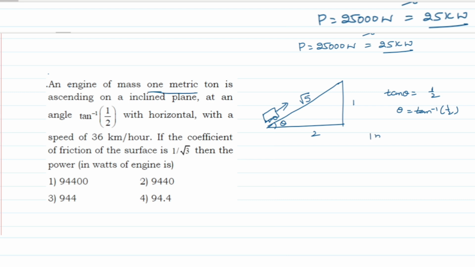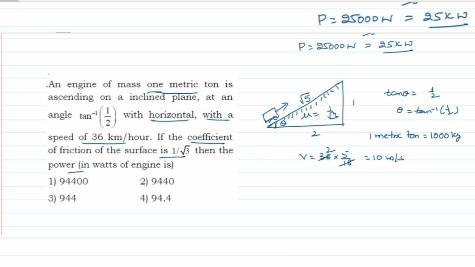It is making an angle theta with the horizontal with a speed of 36 km per hour, which you have to convert. It is 5 by 18 meter per second, 18 2s, so we get 10 meter per second. If the coefficient of friction of the surface is 1 by root 3, so it is a rough surface, and the coefficient of friction is given as 1 by root 3. Then they are asking for the power.